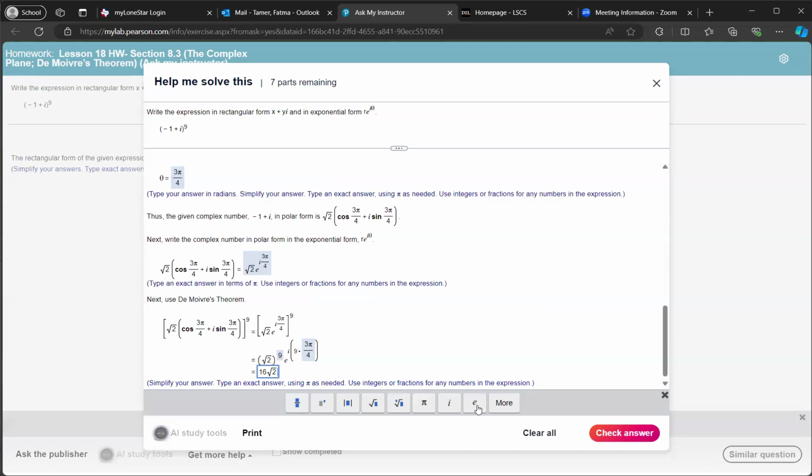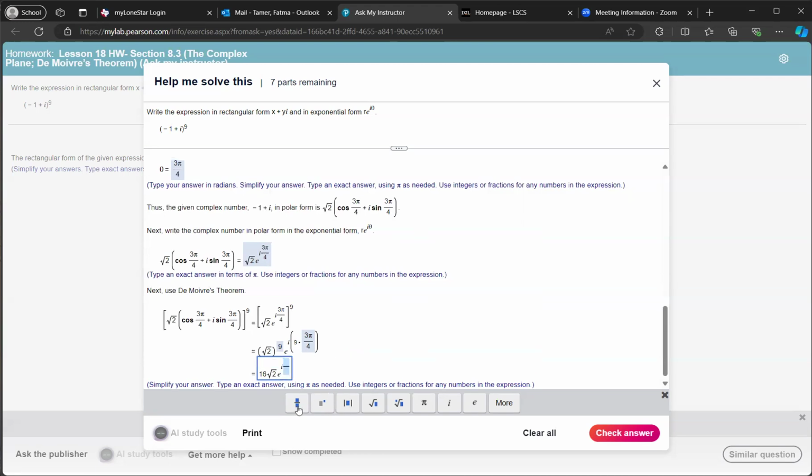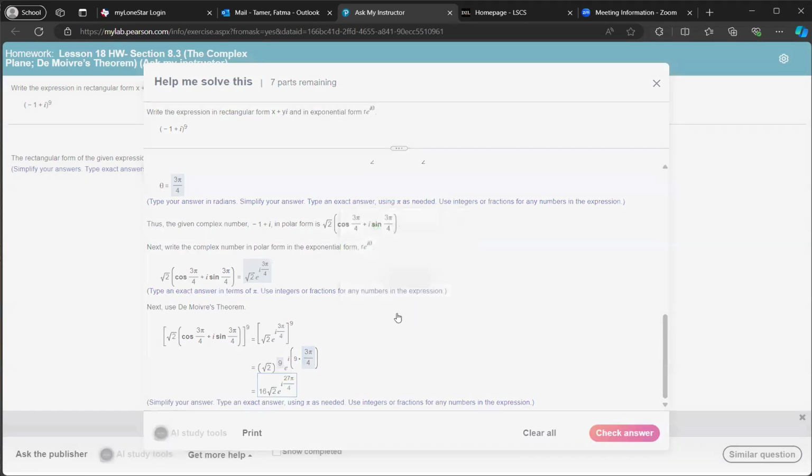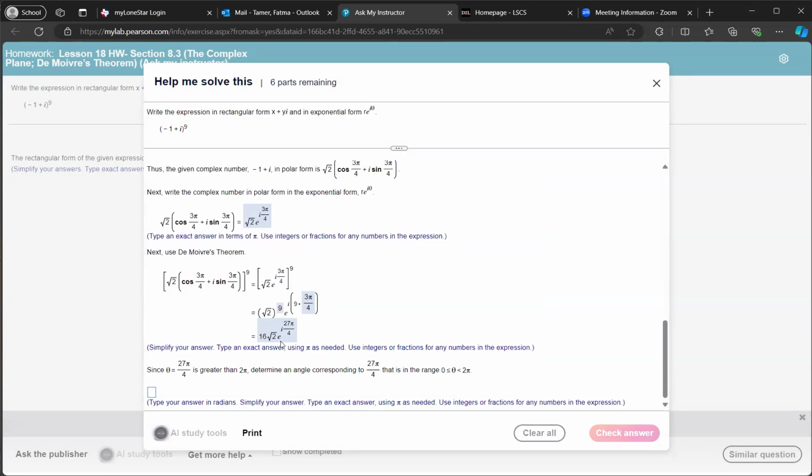So e to the power of i. I'm going to erase this i, and I'm going to put up the i for my method. So 9 times 3 pi over 4 is just 27 pi over 4. So I need the 27 pi here and over 4 here. And I check my answer. This is how we get the answer to this question.